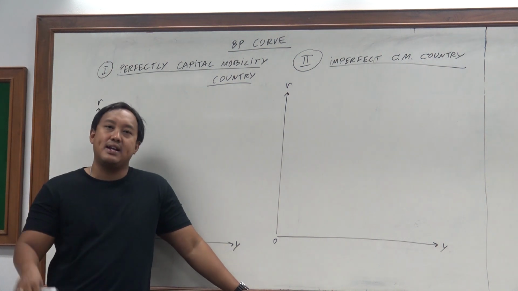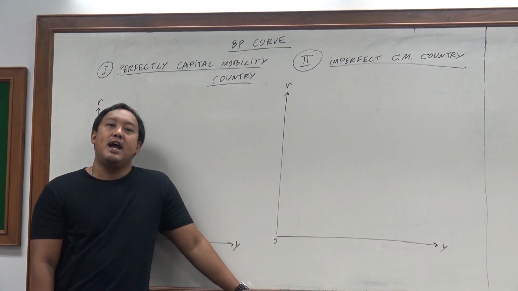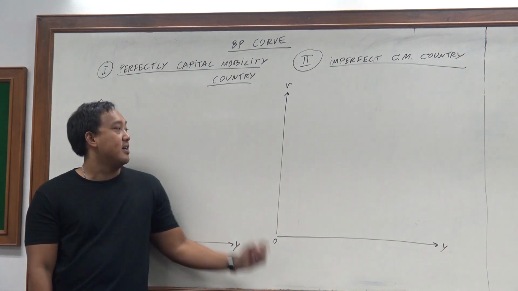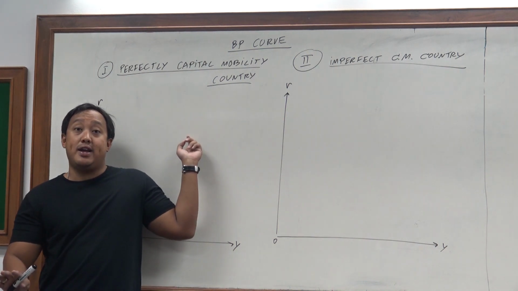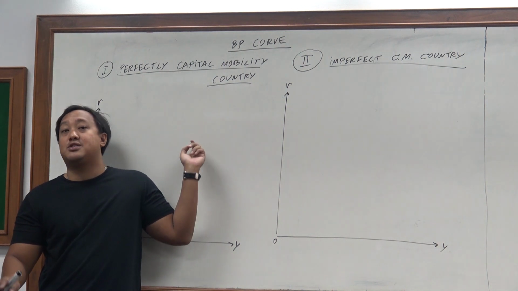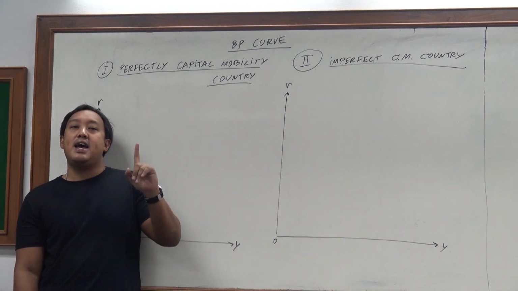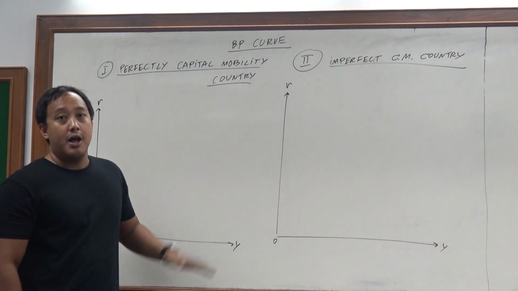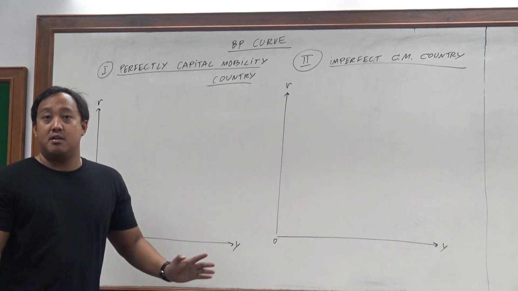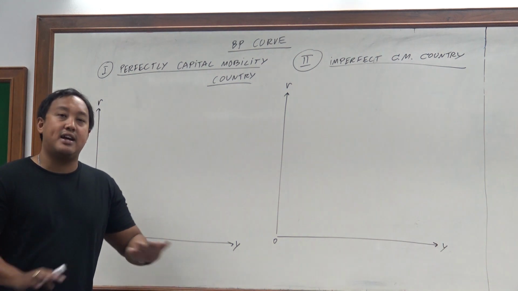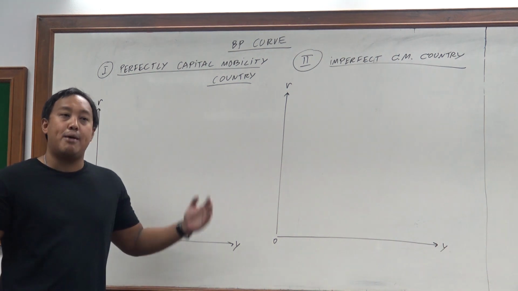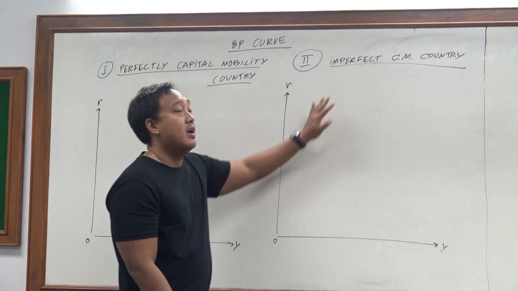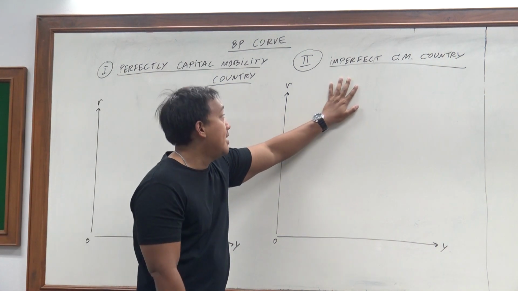Anyone can invest the money in this country, and anyone can take the money out from this country without any problem. A free market of capital. You can think about USA, UK, Japan, big countries that don't control the capital. The capital can move in and move out without any problem.